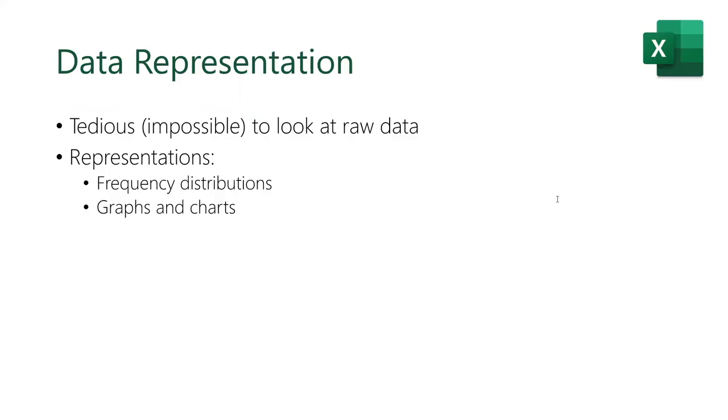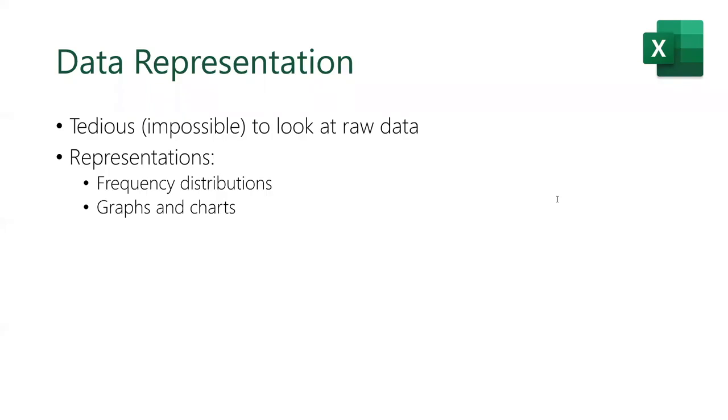Okay, and when you talk about, say, for example, a lot of data, say 1,000 data points, 2,000 data points, 3,000 data points, imagine trying to get an idea about that kind of data set. You will not be able to do anything.